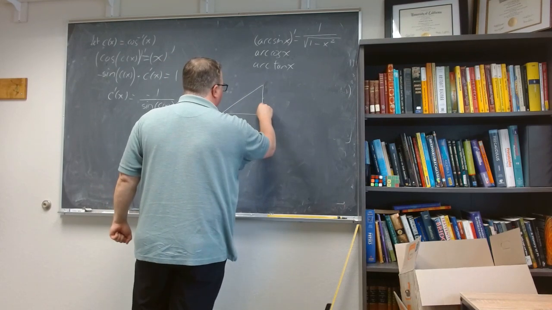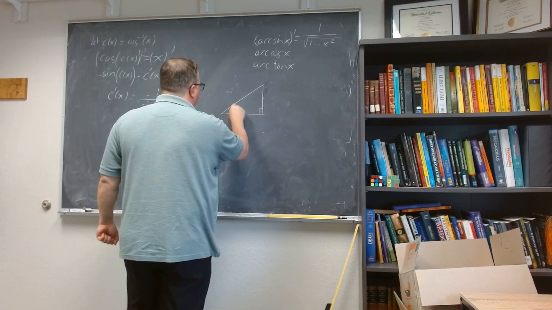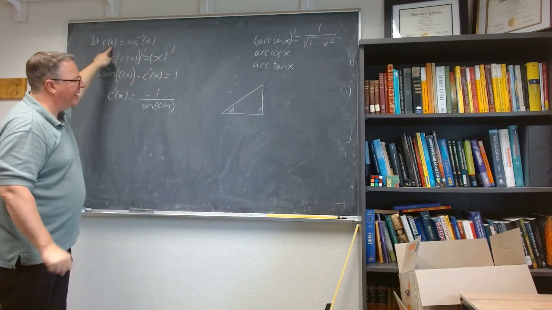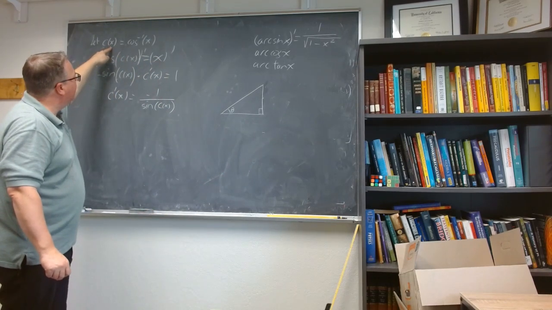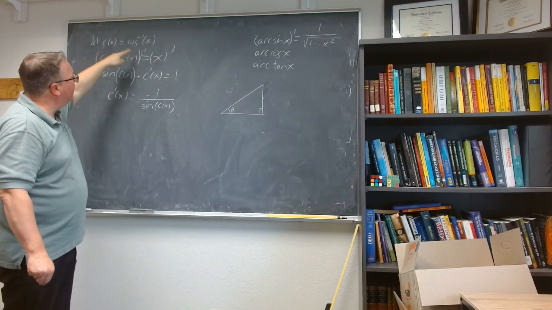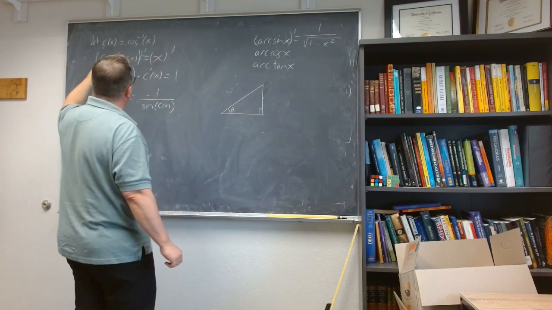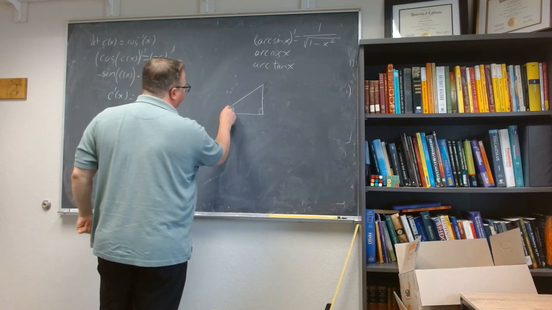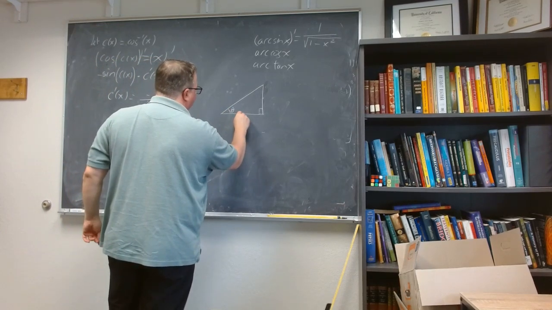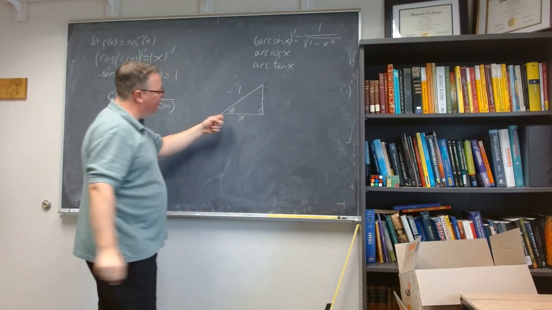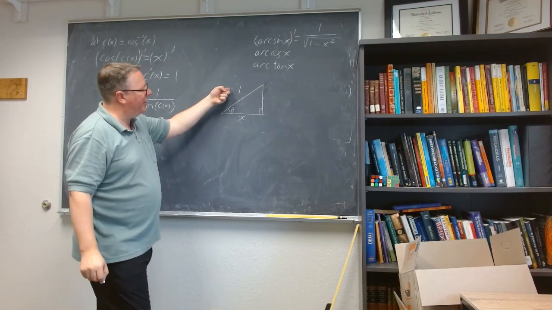Right angle, I can do this. We have our angle theta. This angle is c of x. That's what this angle is. And because x is what we plug in, x has to equal the cosine, right? So the cosine itself of this theta is going to be x divided by 1, because cosine is adjacent over hypotenuse.